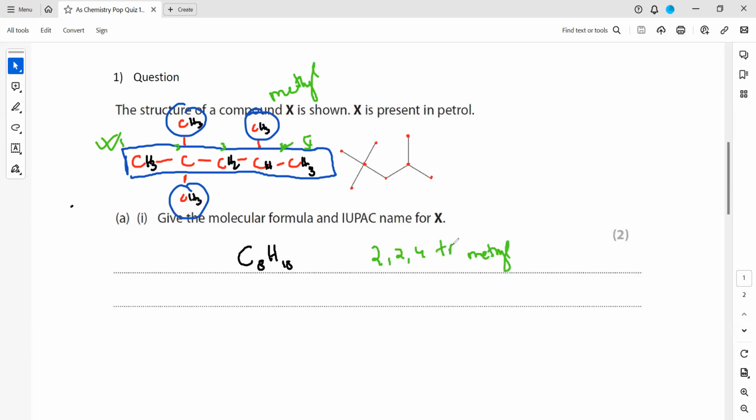So when 3 identical branches are there, we use the term tri. So it is 2, 2, 4 trimethyl. And because 5 carbon atoms are there, it will be pent. And they have a single bond between them, so it will be ane. So it is 2, 2, 4 trimethylpentane.